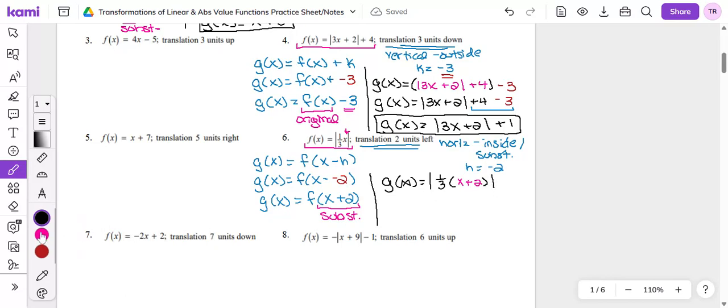Again, I just substituted in for the x in the problem. And then it's just a matter of distributing and simplifying what I can. So g of x equals absolute value. 1/3 times x is 1/3 x, or x over 3 you could do. And 1/3 times 2 is 2/3. And there's my new function.